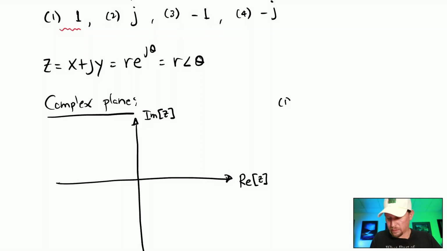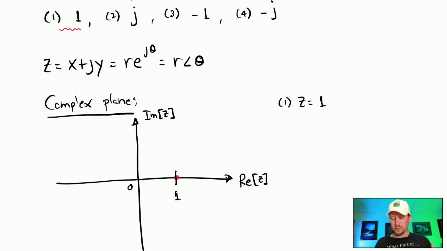So if I really take a look at the number 1, this is already in Cartesian, right? Now, this number also happens to be located right there, right? Where this is 1 unit away from the origin.